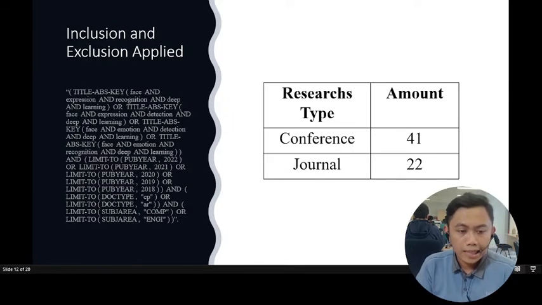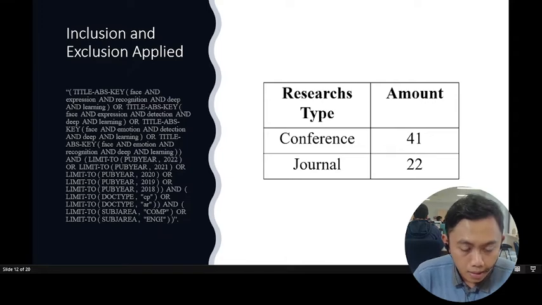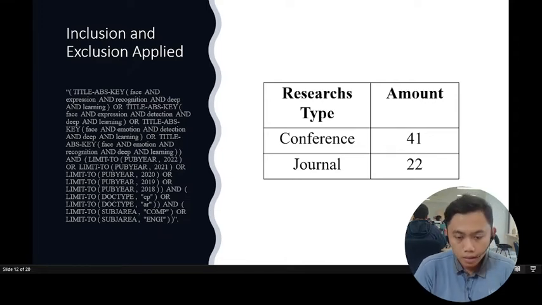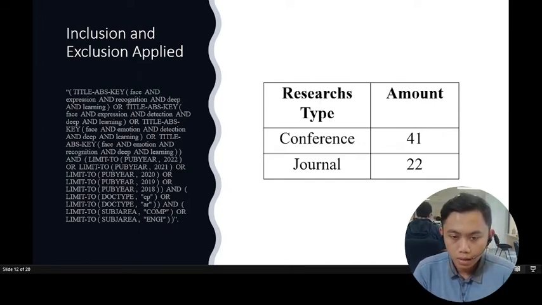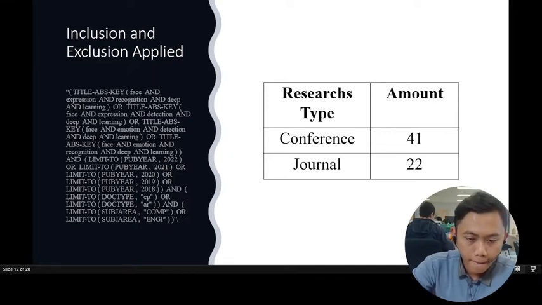So we apply the inclusion and exclusion criteria. After that, we get around 41 papers for conferences and around 22 papers for journals. Those papers are related to the topics that we explained before.